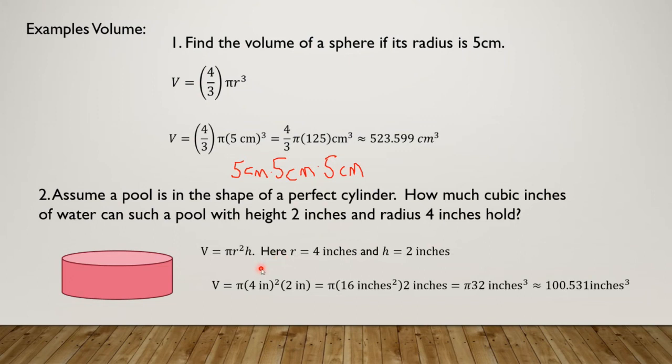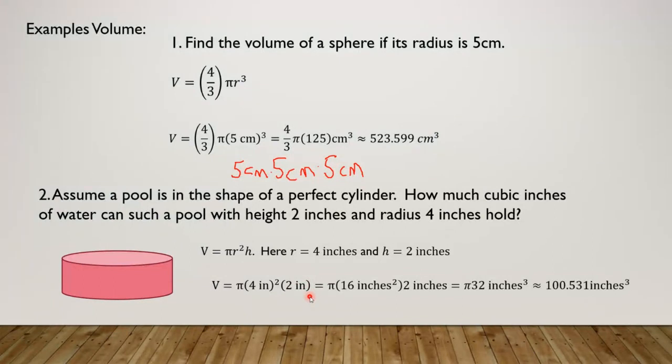Well, again, we just use our volume formula, which is pi times r squared times the height. Here r is 4 inches, that's given. The height is 2, plug it in, and we're going to calculate. We have pi times 4 inches squared times 2 inches, okay?